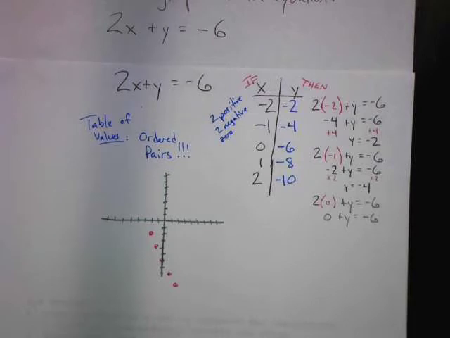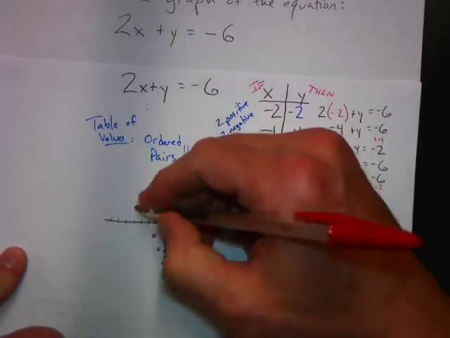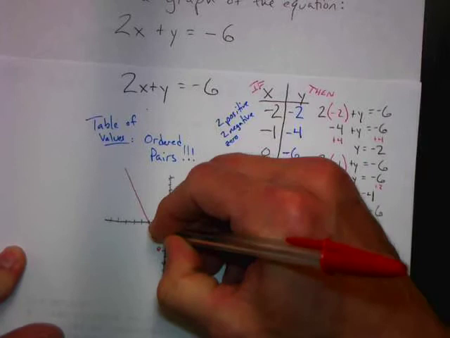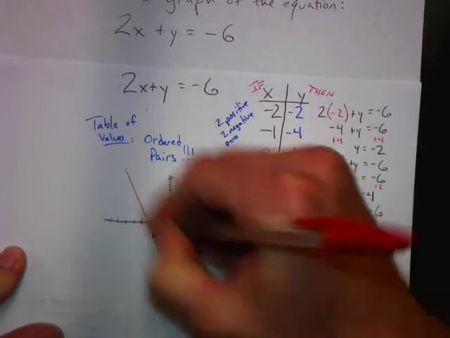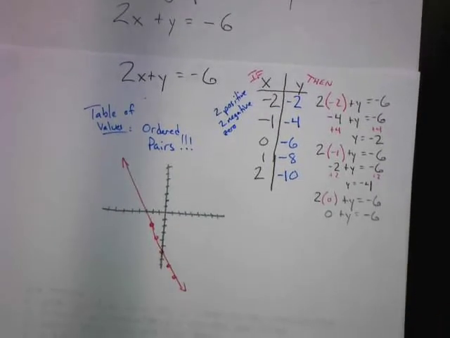So the set of all ordered pairs that makes the equation true is every single ordered pair on that line. And so what we can do is draw our line all the way through those ordered pairs to show continuity, and we have now sketched the graph. Now there's our sketch. We've used a set of ordered pairs.